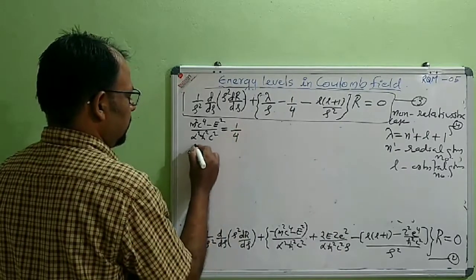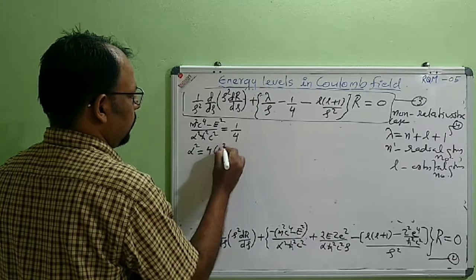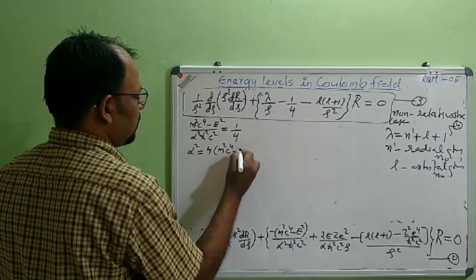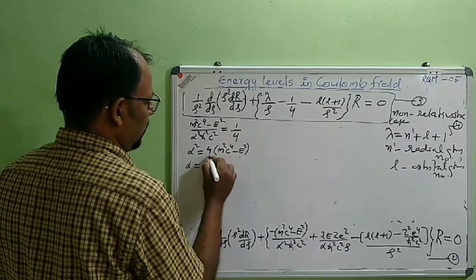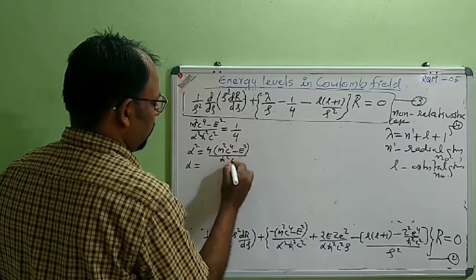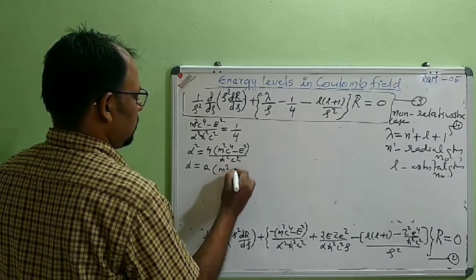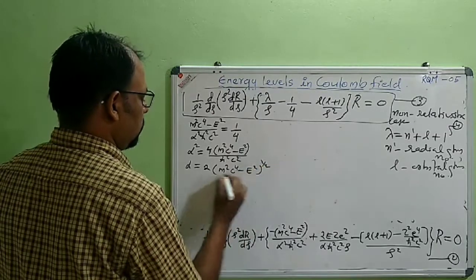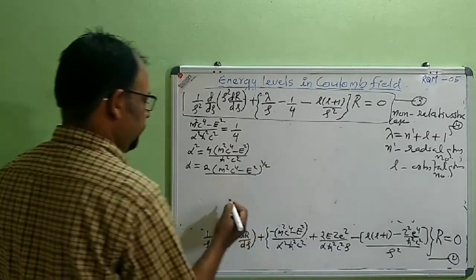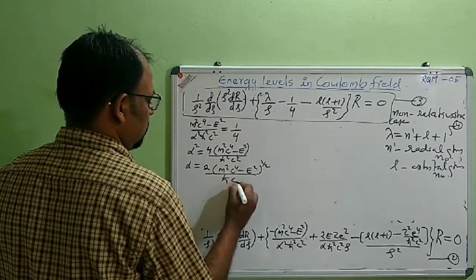Taking alpha to right hand side, alpha square equal to 4 into m square c raised to 4 minus e square by h bar square c square, or we can write alpha as 2 into m square c raised to 4 minus e square, the whole raised to 1 by 2, by h bar c.